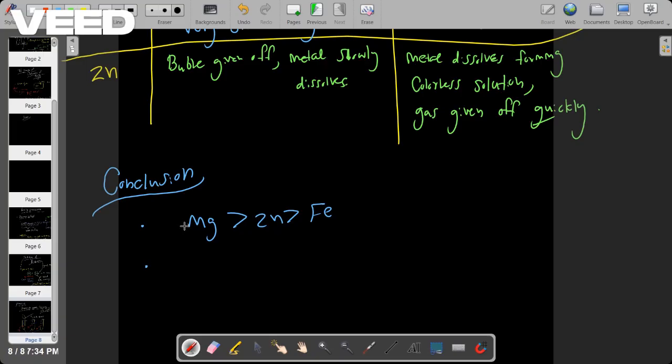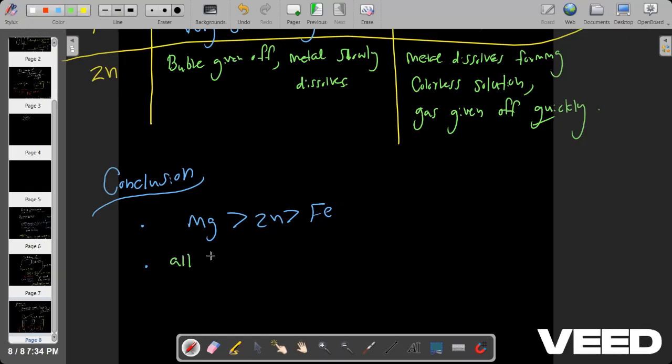And the other one is all three metals reacted with both the acids, but at different rates. All three metals reacted with the two acids.